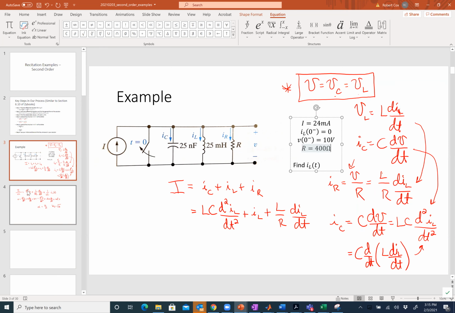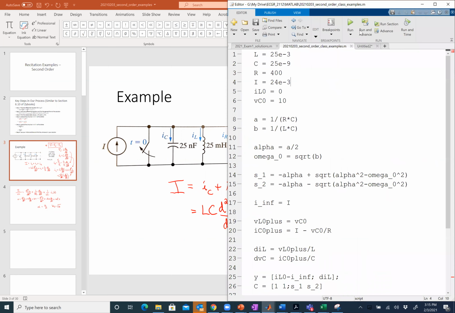Okay. All right, so if you look at my MATLAB here, I put in those values, and I put in the I value as 24 milliamps, and I also put in the initial conditions I was given. Then I calculated A and B, and then I calculated my alpha and omega.